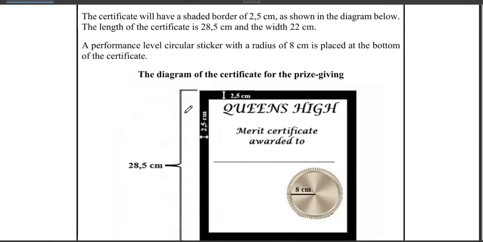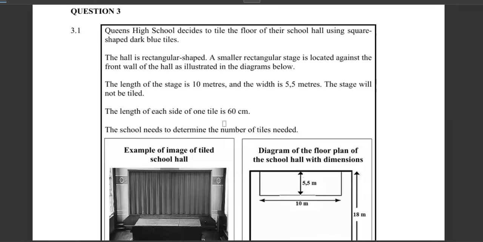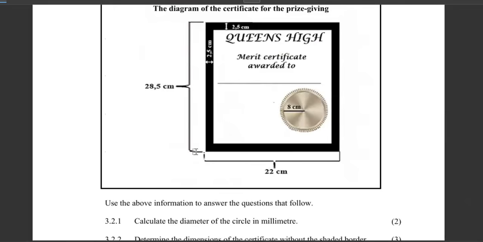The performance level circular sticker with a radius of 8 centimeters is placed at the bottom of the certificate. This is how it will look. This is what they are showing you.